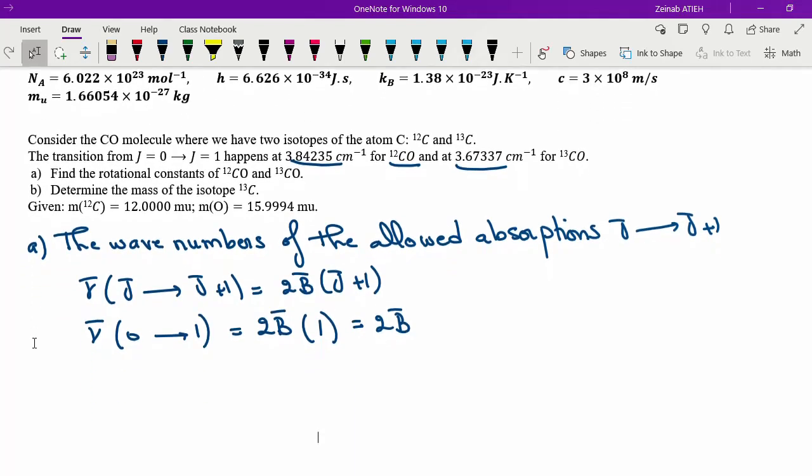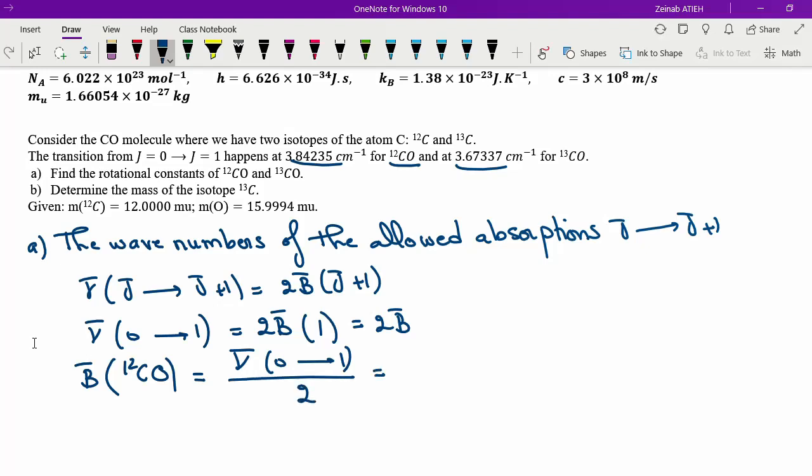So let's do that. B bar for C12O is simply equal to nu bar for a transition from 0 to 1 over 2. It's equal to 3.84235 over 2, I'll keep it in centimeter minus 1. So to get the final answer in centimeter minus 1, this will give me 1.921175 centimeter minus 1.